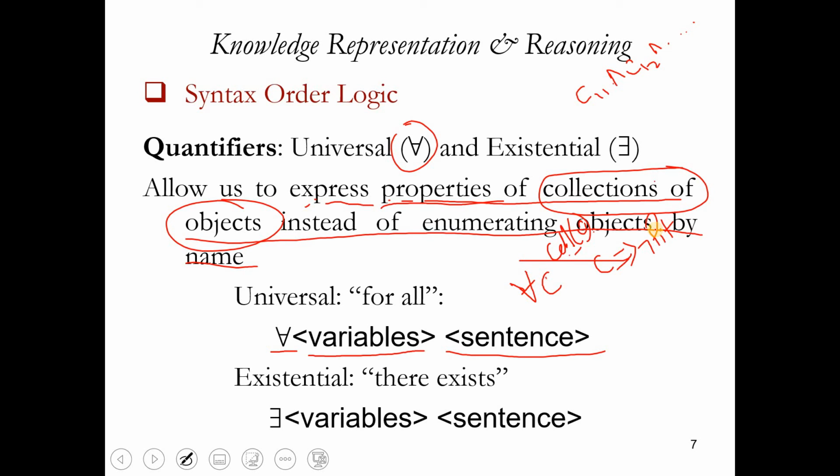Then the same thing can happen with the existential. The only difference between universal and existential is that existential is some of the elements, whereas universal means all of them.